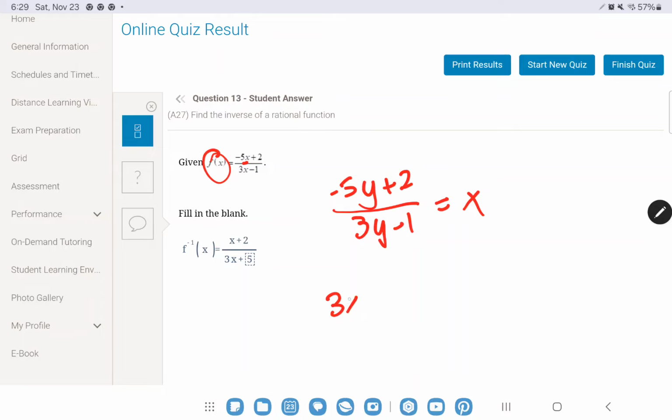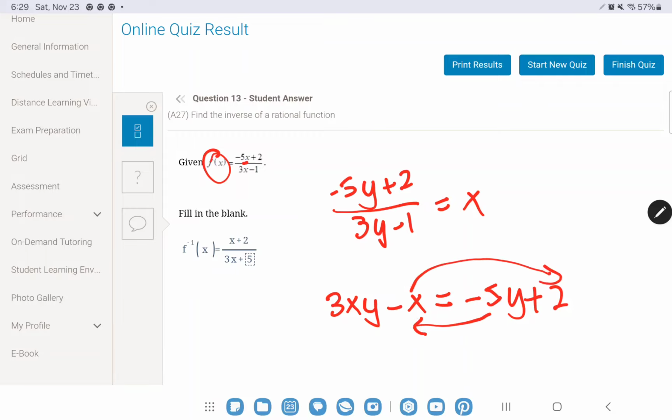So 3xy minus x equals negative 5y plus 2. Now you need to keep all the values with y on one side, everything with x on the other. So you move this here and this here. So 3xy plus 5y equals x plus 2.